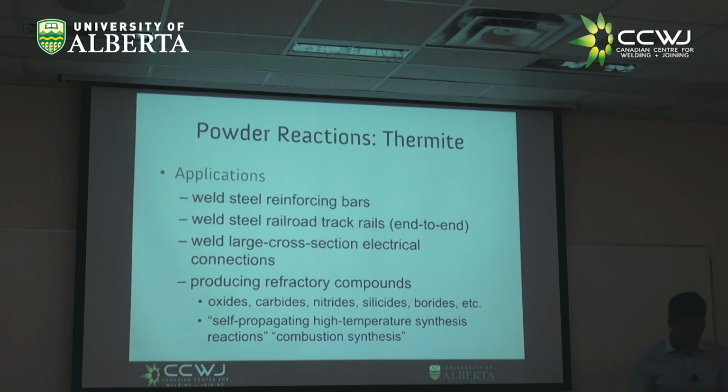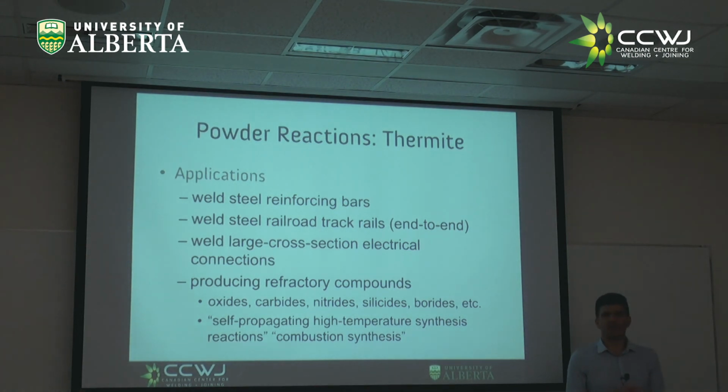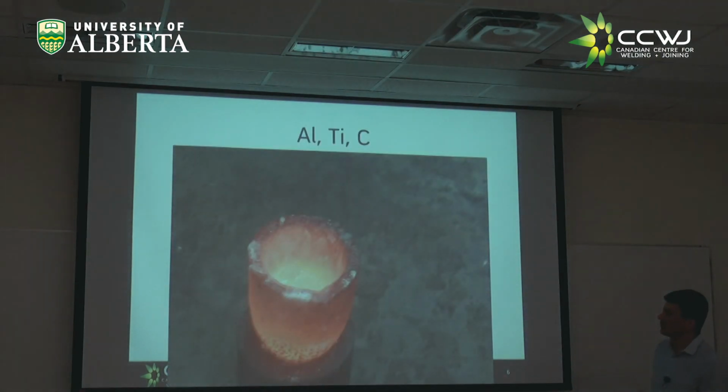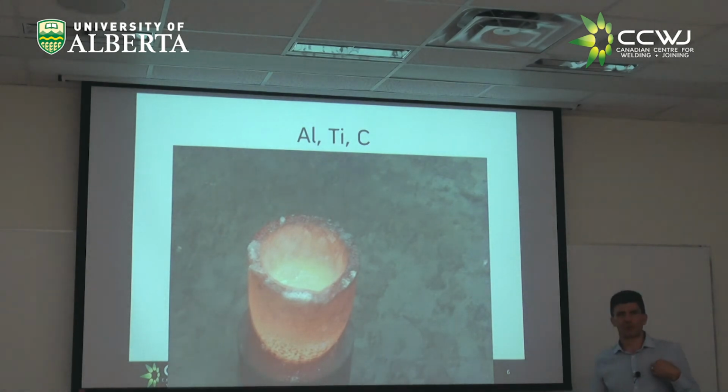Something people have tried, and I'll show you a video of that, is since it gets so hot and you're going to create this ceramic compound, how about if you make a metal matrix composite? For example, in this case here, well, that's what people call combustion synthesis. This is in the foundry I was running when I was a professor in Colorado.